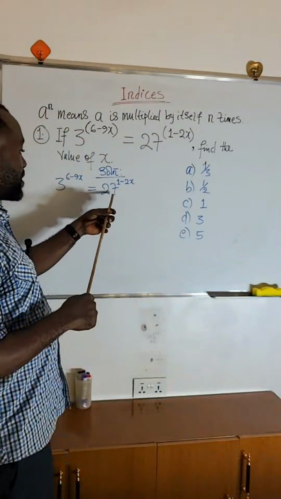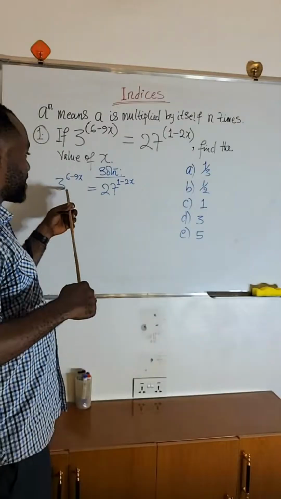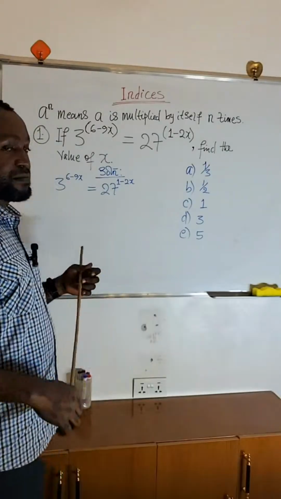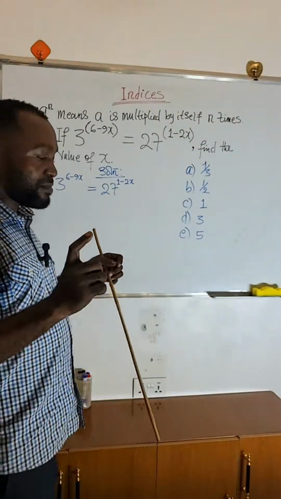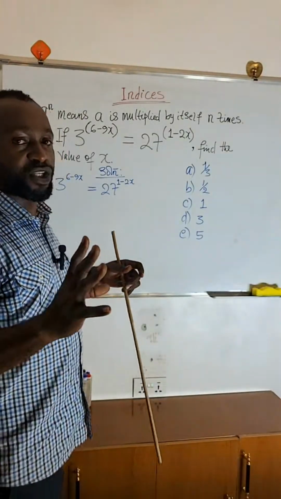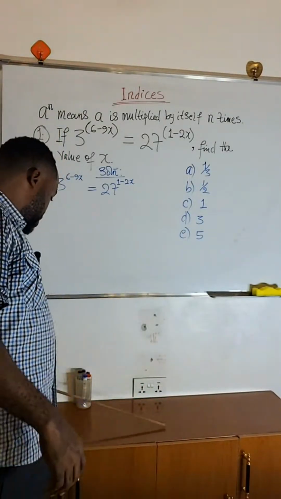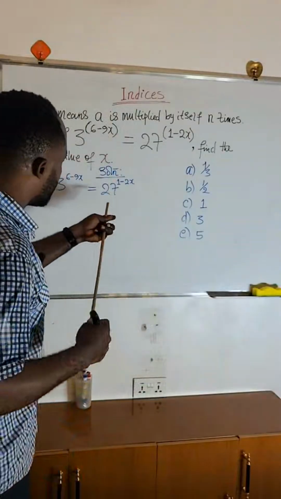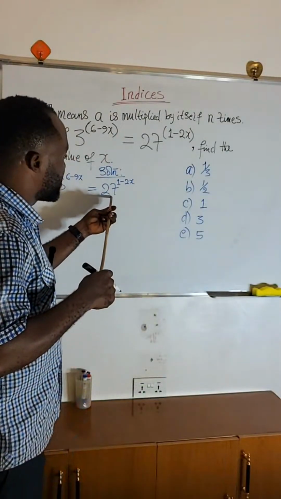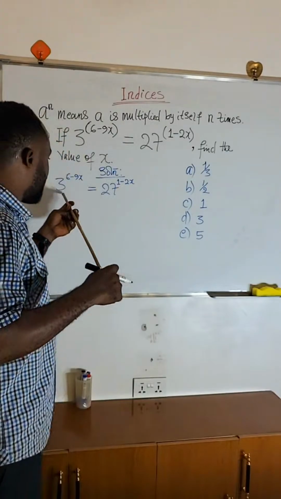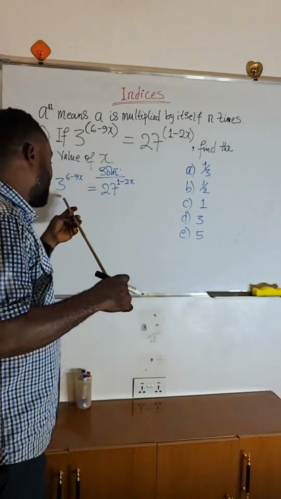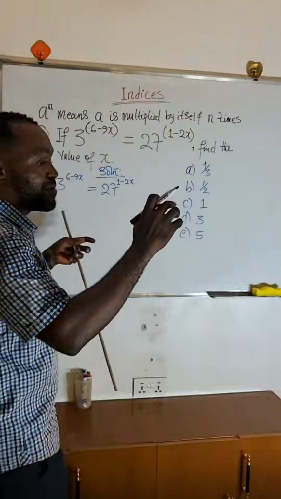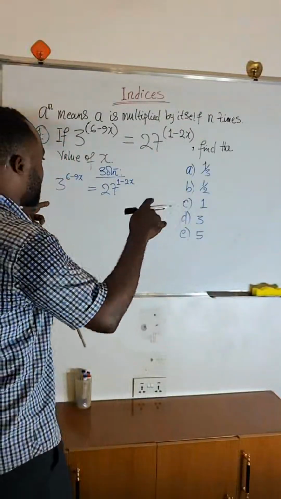Now, if you look at this, you can see that 3 here is a factor of 27, and 27 here is a multiple of 3. They have a common relationship. So you can break this 27 in terms of 3, because all we need is to make sure they have the same base on both sides so that we can equate their powers.